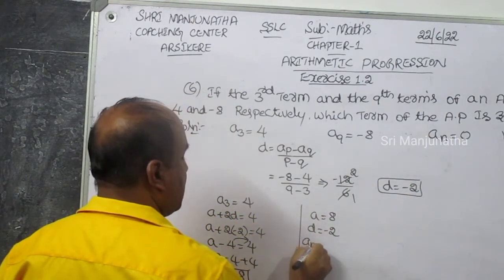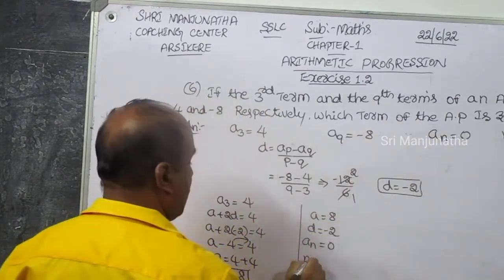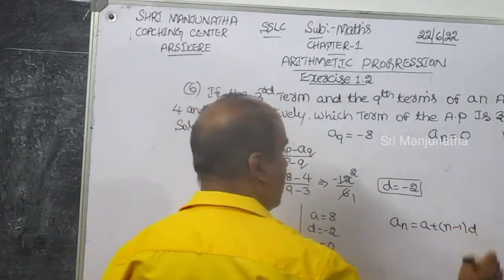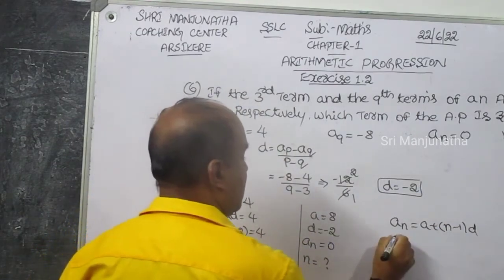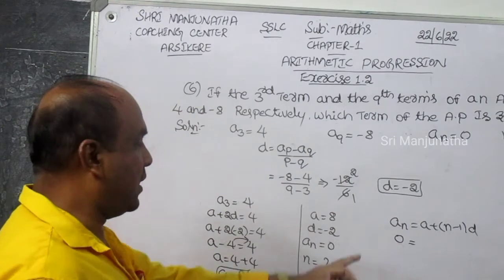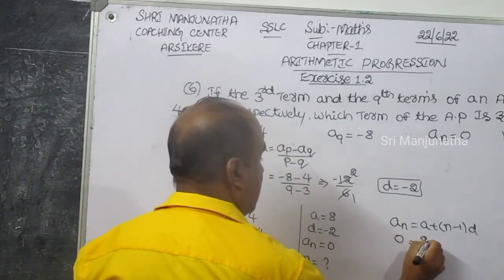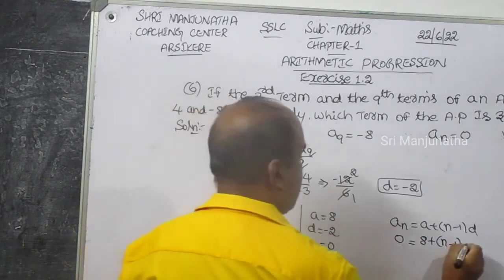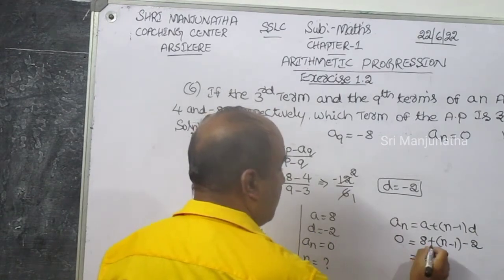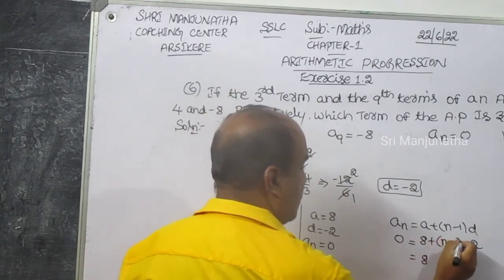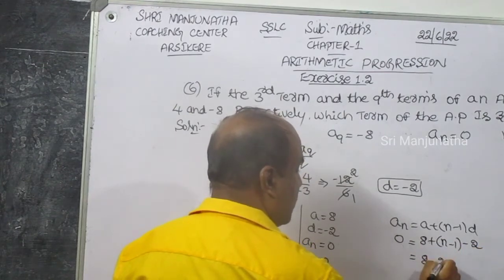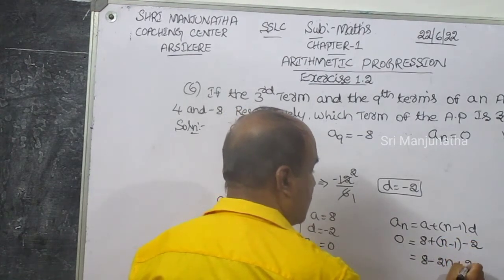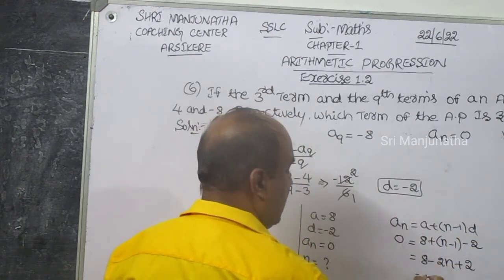The nth term an is equal to 0, n is equal to question mark. The formula to find the nth term of an AP is a plus (n minus 1) into d. What is the an value here? 0. In the place of an, write 0. The a value is 8, plus (n minus 1) written similarly. And the d value is how much? Minus 2. 8 plus, plus into minus is minus, 2 into n is 2n, minus into minus is plus 2. 8 plus 2 is 10, minus 2n.